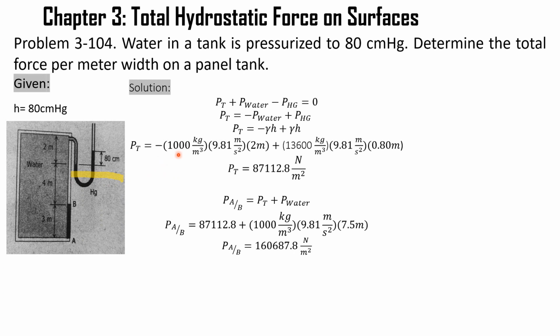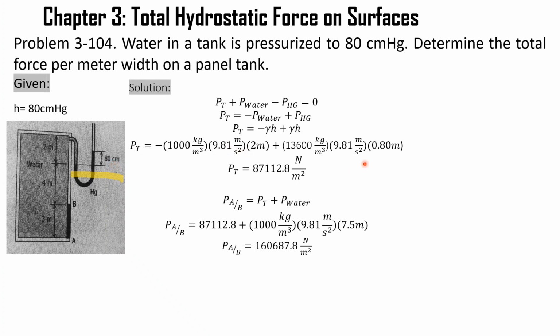Then substituting our given to our equation, we will have PT is equals to negative density of water, which is 1000 kg per meter cube, times gravity, which is 9.81 meter per second squared, times the height of water, which is 2 meter, plus density of mercury, which is 13,600 kg per meter cube, times gravity, which is 9.81 meter per second squared, times the height of mercury, which is 80 cm, converted to meter, which is 0.80.